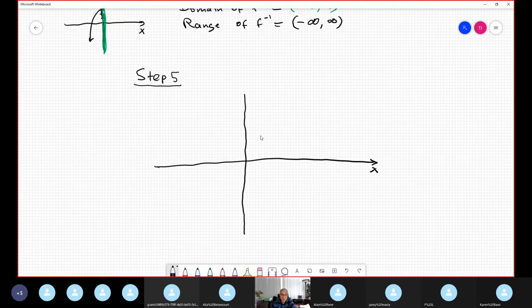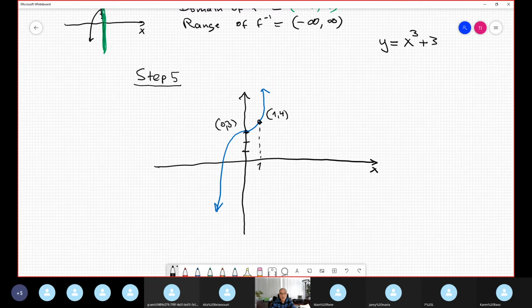Okay, this is the graph of the original. The original was y equals x cubed plus 3. This point is (0,3), and the graph looks like that, approximately. When it's a curve, we need at least 3 points. For example, plugging in 1 here gives 4, so the point (1,4).